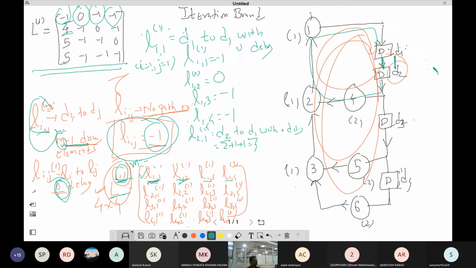So there is another method also to do it. But don't go for L2 yet. You need to calculate L1 only, and I will explain L2 to L4 later. Just try to complete this L1 matrix only.